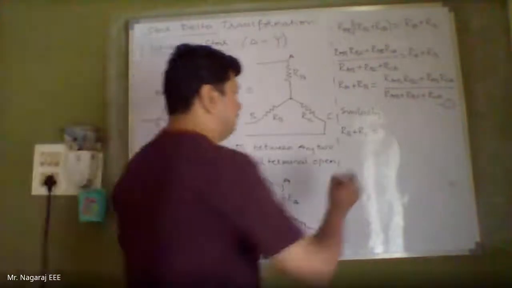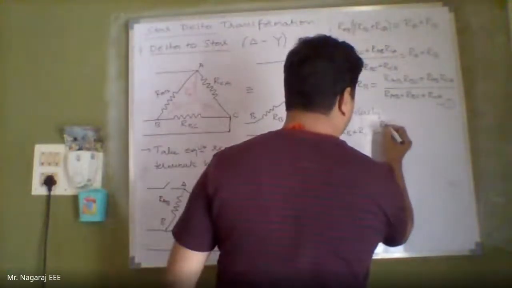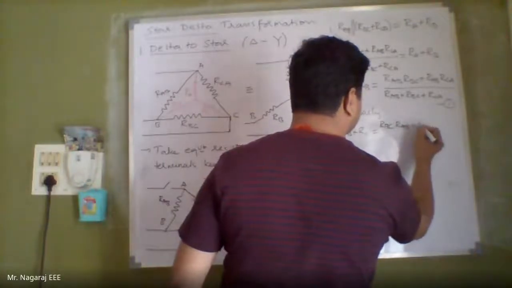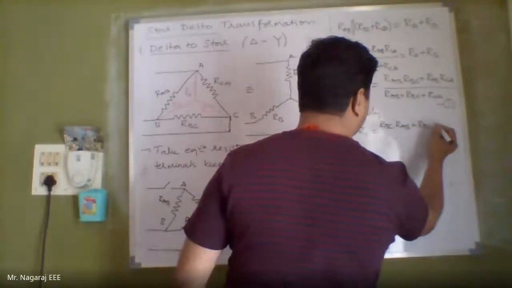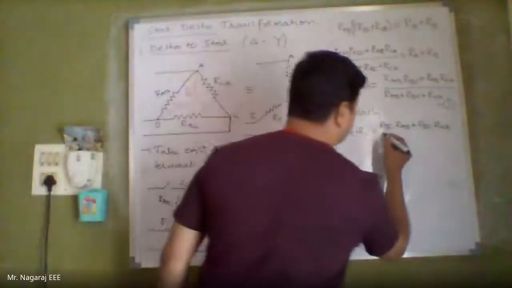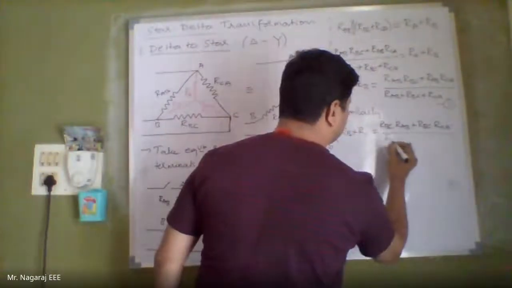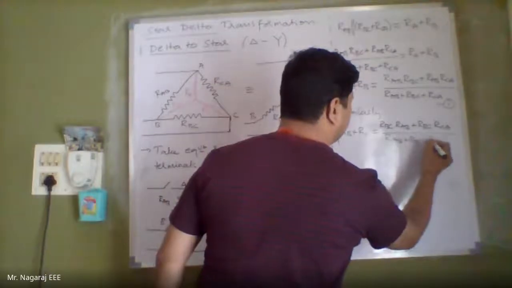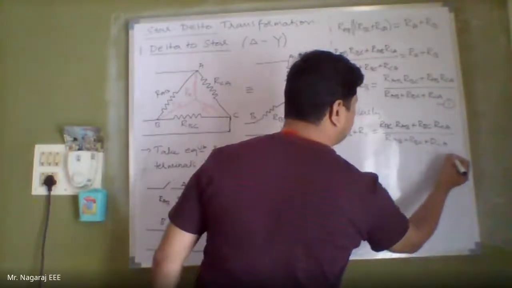So it will be RBC into RAB plus RBC into RCA. These two are in parallel, divided by the sum of all the three, RAB plus RBC plus RCA. You take this as equation 2.